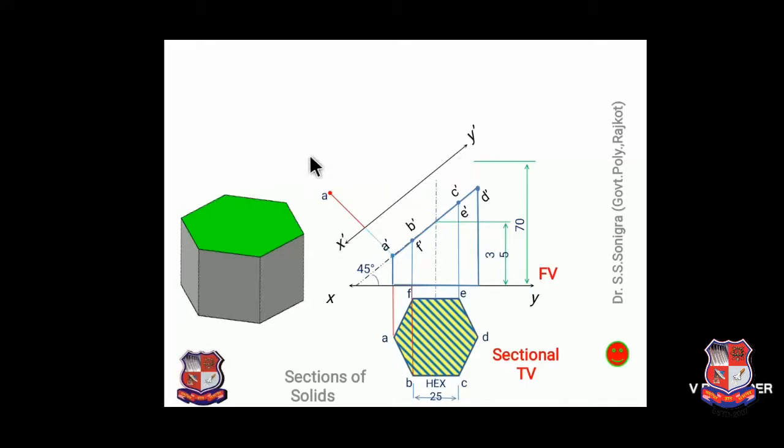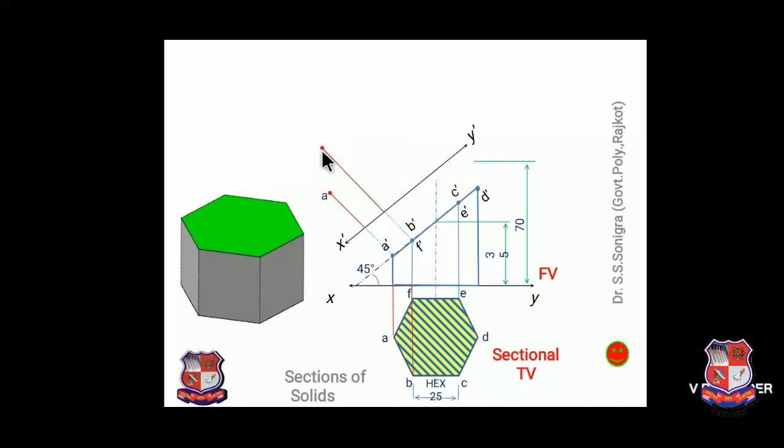Now how to locate point B in this true shape? Draw a line from point B dash that is perpendicular to the x dash y dash line. Measure the distance of point B from the XY line, take this distance as a radius, mark this point as a center and draw an arc. So this length and this length are the same.